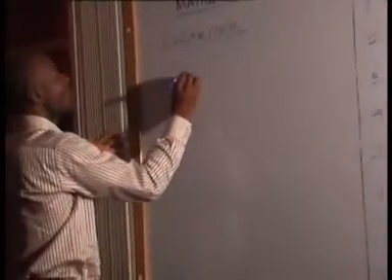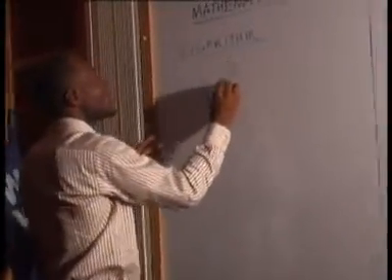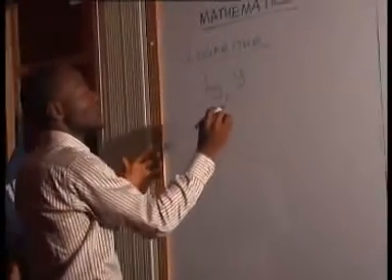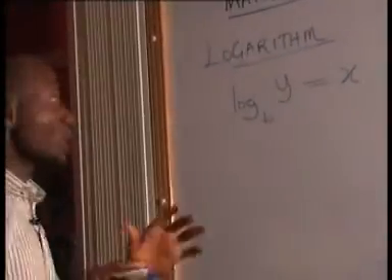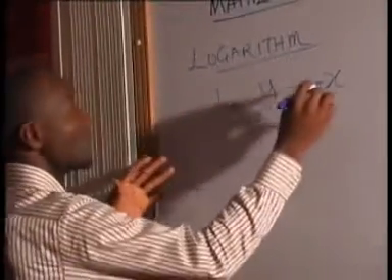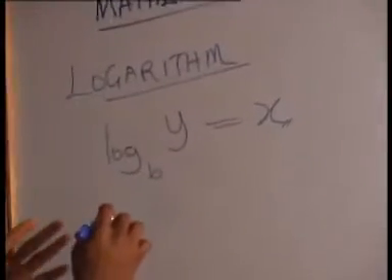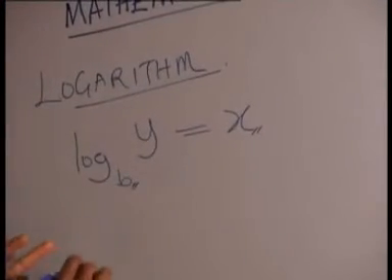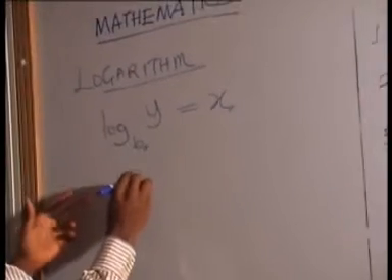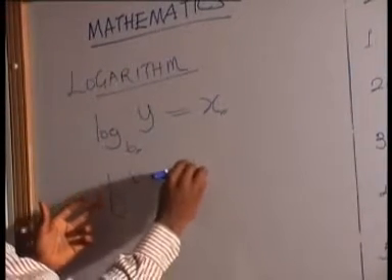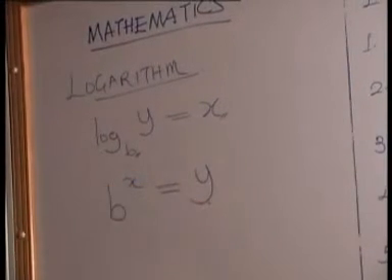We said if you write the logarithm of a number y to the base b, and you say it is x, you are saying the logarithm, which is x, is actually the number to which b will be raised to give us y.